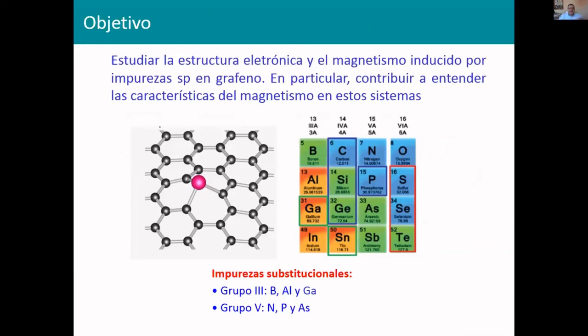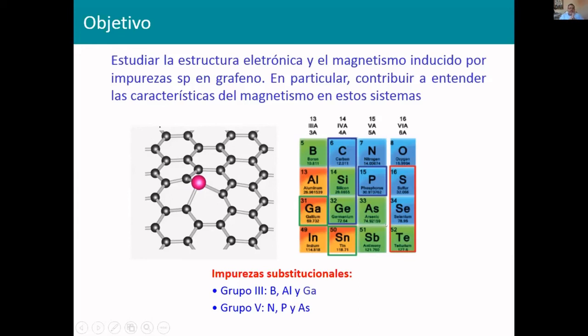For this end, we designed this study to calculate properties using an ab initio method for substitutional impurities. In the case of graphene, we introduce atoms from group 3, containing 1 electron less than carbon, such as boron, aluminum, and gallium, and also from group 5, introducing nitrogen, phosphorus, and arsenic.